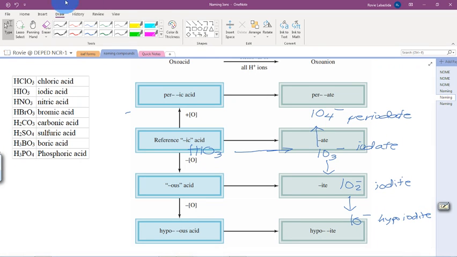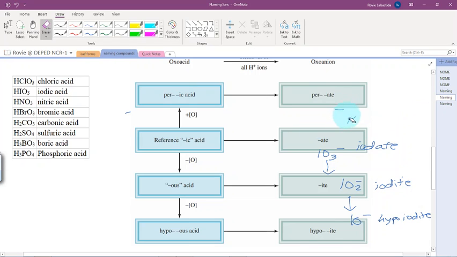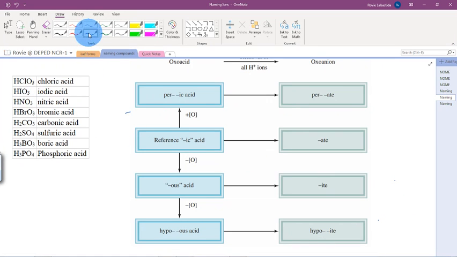There you go. Let's have another example. I hope you are getting this, because we're actually deriving most of the common polyatomic anions. Let's take nitric acid.